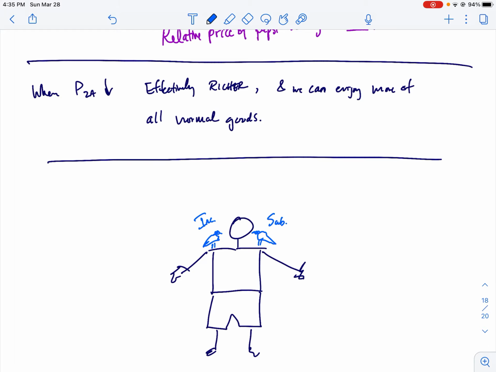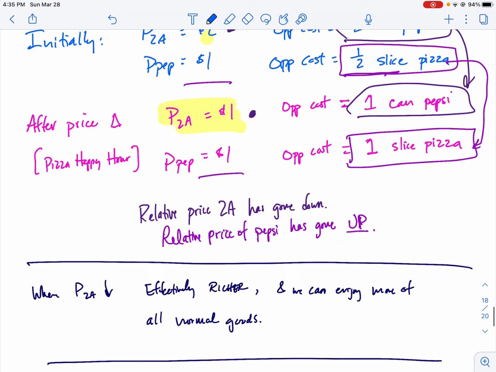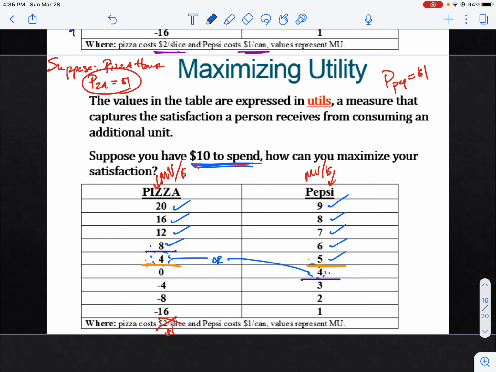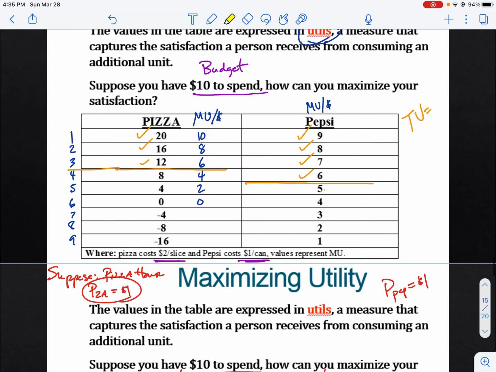And so we can look and see for the individual we were talking about in this example here, who had these particular marginal utility numbers, did they have more pizza? Well, initially, the first time when pizza was $2 a slice, we had 3 slices of pizza and 4 cans of Pepsi.